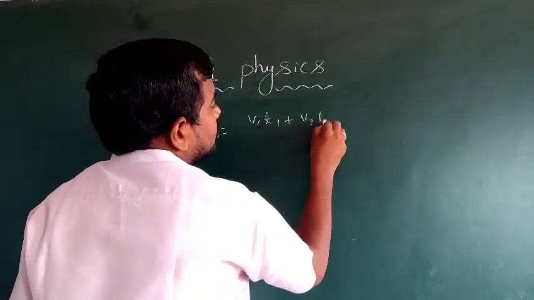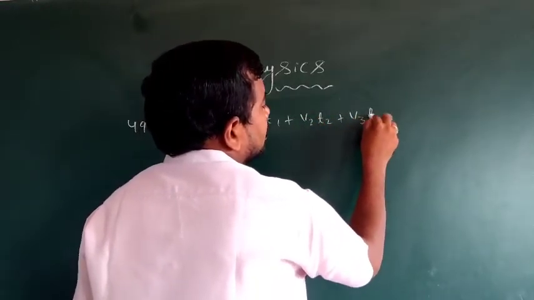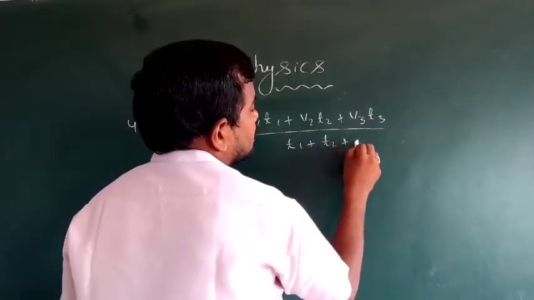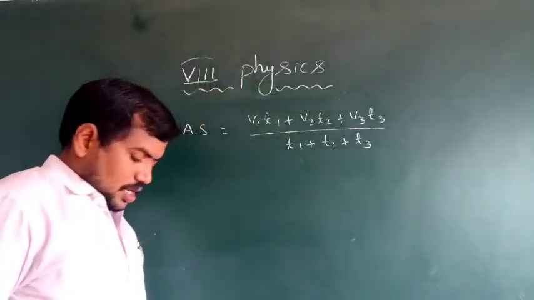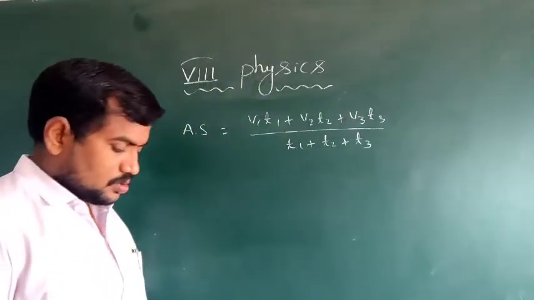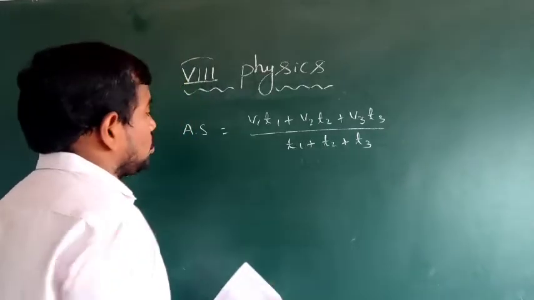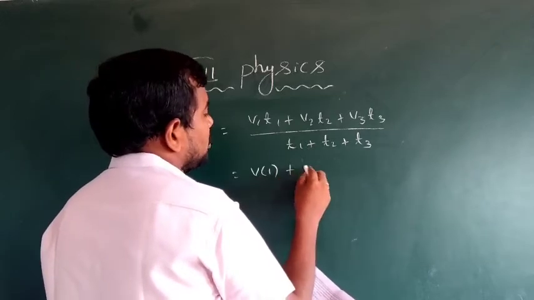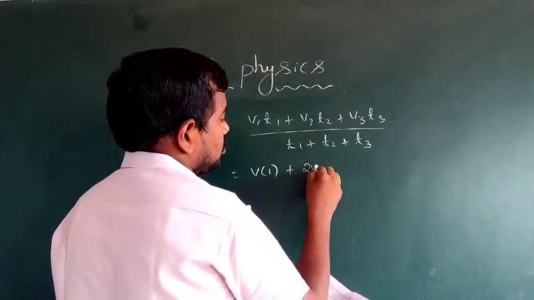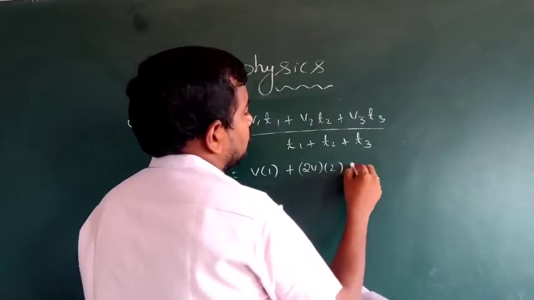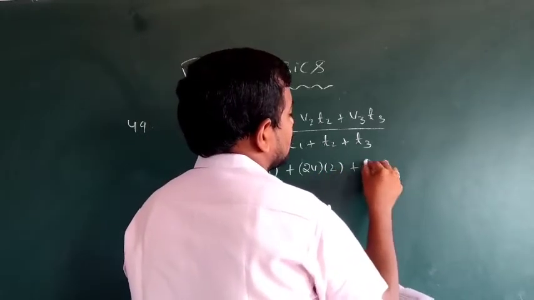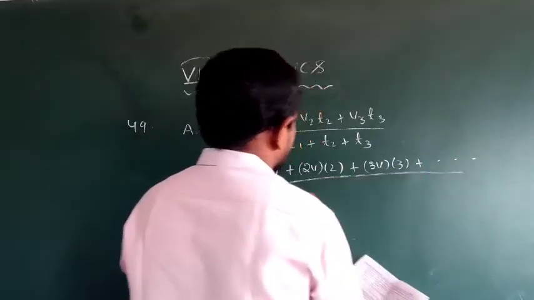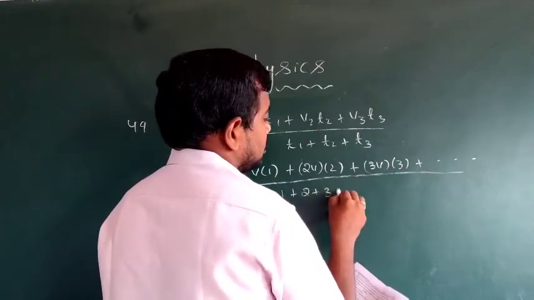That is V1 T1 plus V2 T2 plus V3 T3 by T1 plus T2 plus T3. Here ratios are given. So V, 2V and 3V and so on, with time intervals 1, 2, 3.